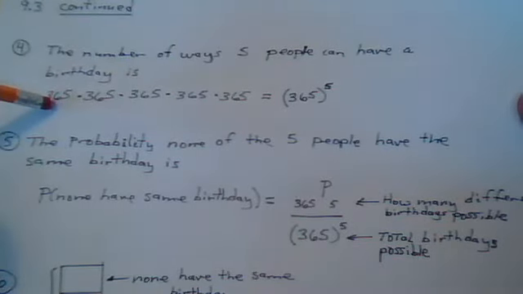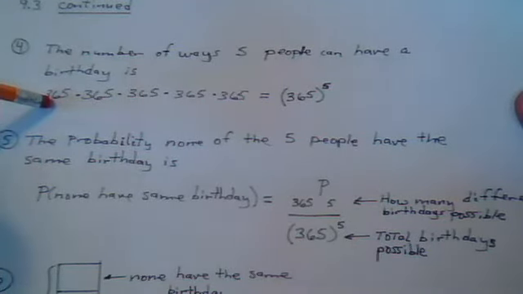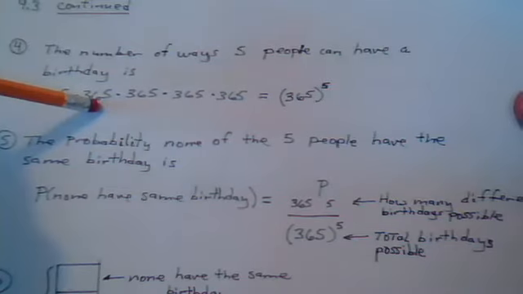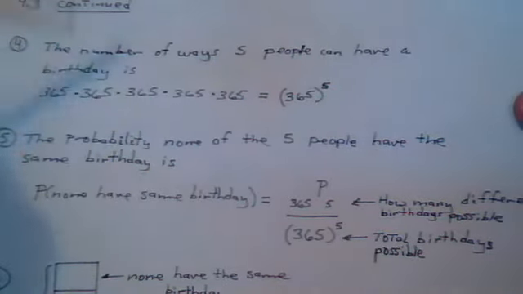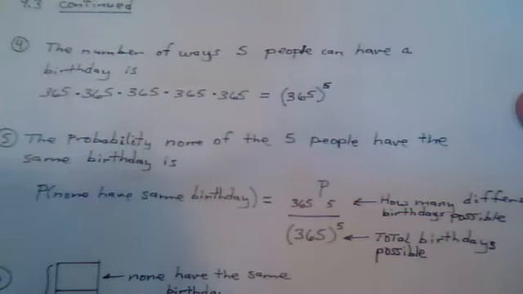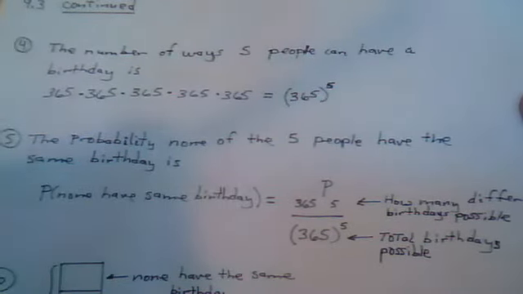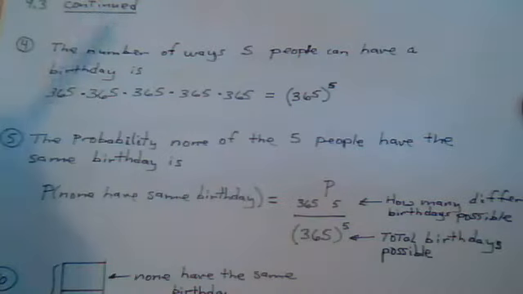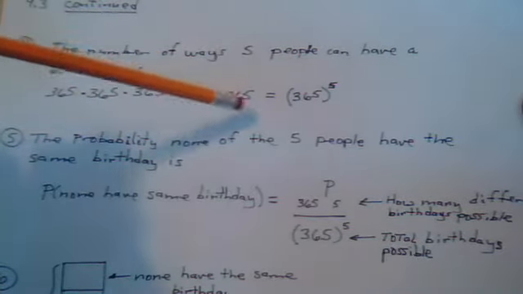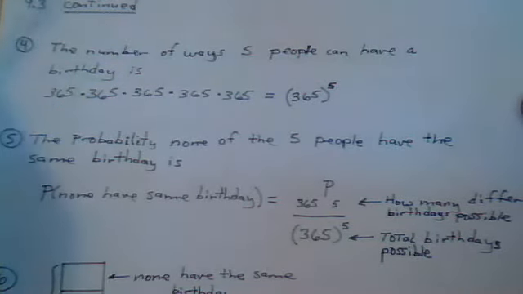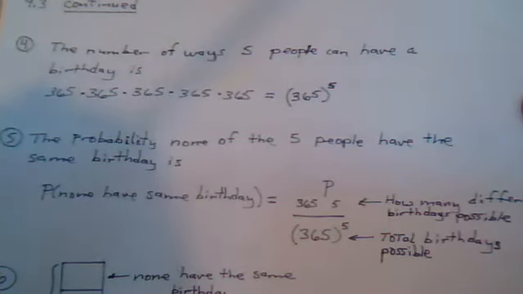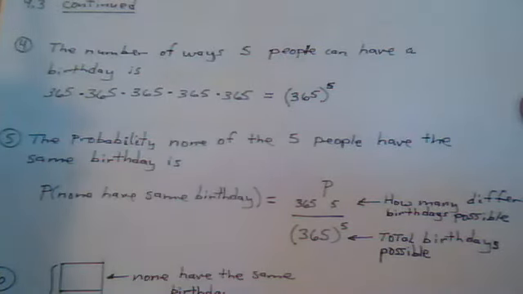Well, the first person has 365 days to pick one. The second one, 365 days to pick from. And each one of the 5 people has 365 ways to choose their birthday in a year. You multiply, because when you multiply these numbers, this will give you in how many ways you can choose 5 birthdays from the year, from 365 days.